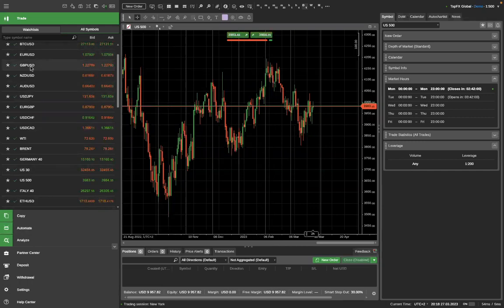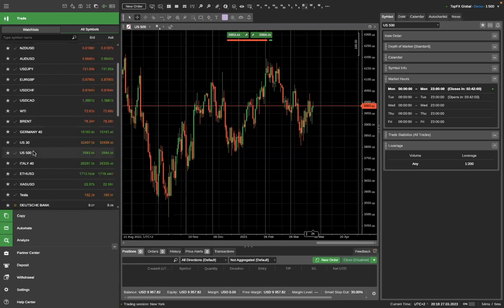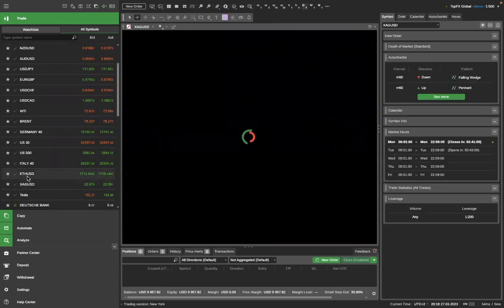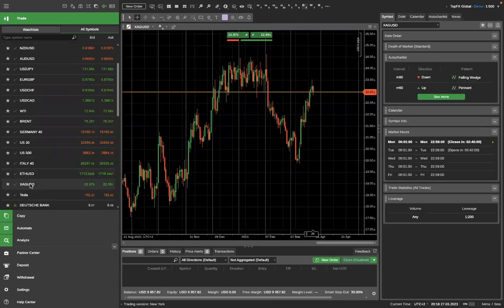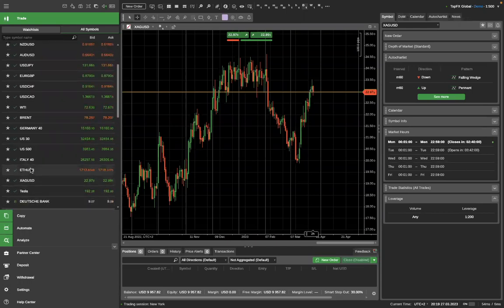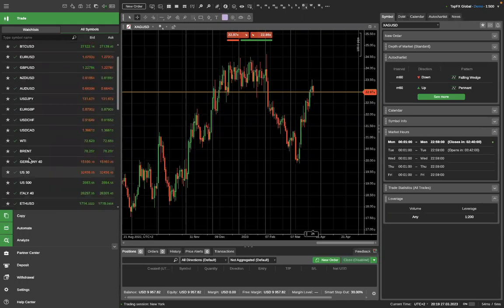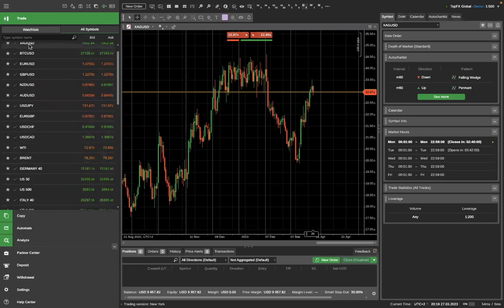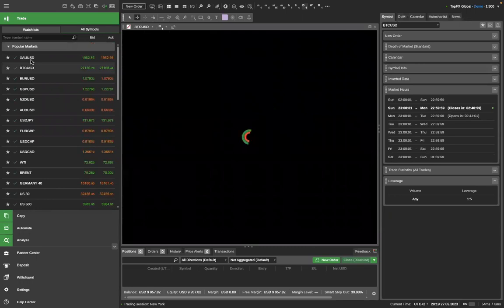If we take a look at the gold, let me just see. There you go. This is silver and the gold. I'm trying to find the gold, there you go, on the very top.